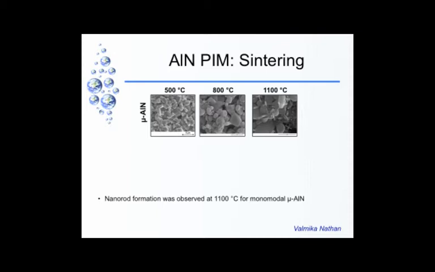And you can see that these rods that are beginning to develop are in the nanoscale. When we did a chemical analysis of just the regions with the nanorods, we found that it had yttria and alumina as the constituents. So that is the liquid phase forming, and when it is beginning to solidify, it seems to, for some reason, make these kinds of rod-like structures.